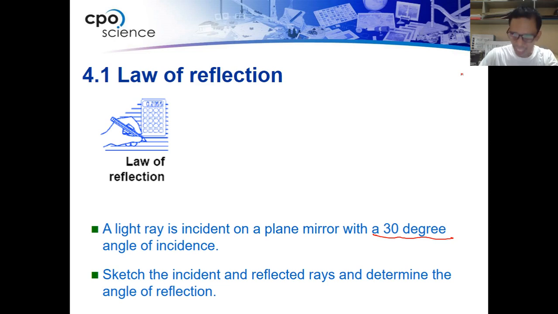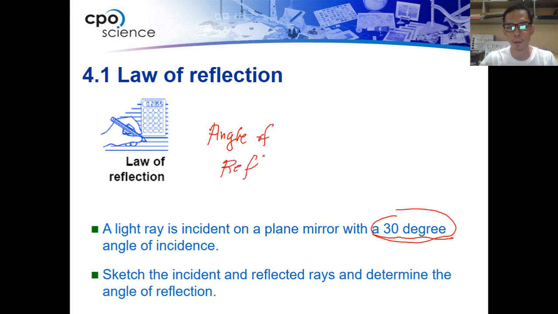We don't need to do the sketch anymore. If you remember what the law of reflection states, the angle of incidence must be equal to the angle of reflection. So if the angle of incidence is 30 degrees, what do you expect the angle of reflection to be?